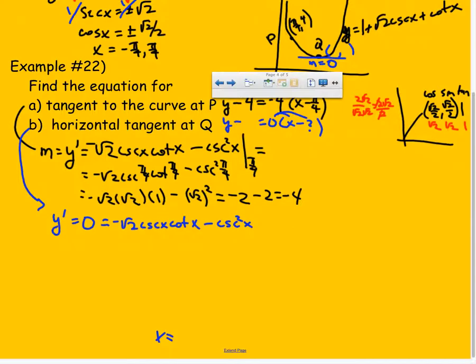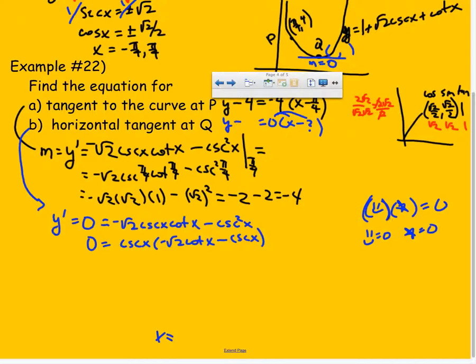So I'm going to go ahead and try to solve this by factoring out a cosecant of x. Okay, so this equals 0. I'm going to use the zero product property. Here's what it says, and you use it all the time: if I have two things that are multiplied together and equal 0, then I set each one of them equal to 0.